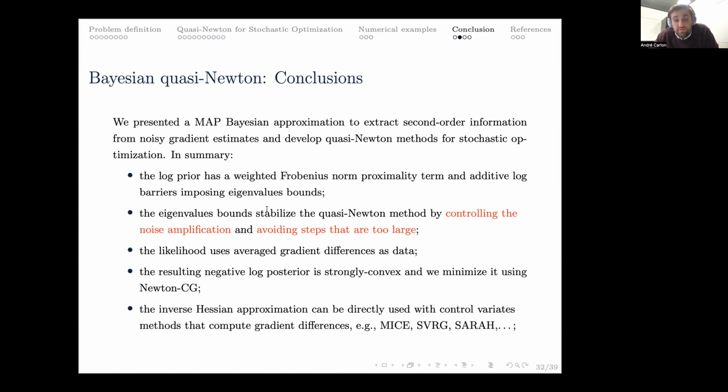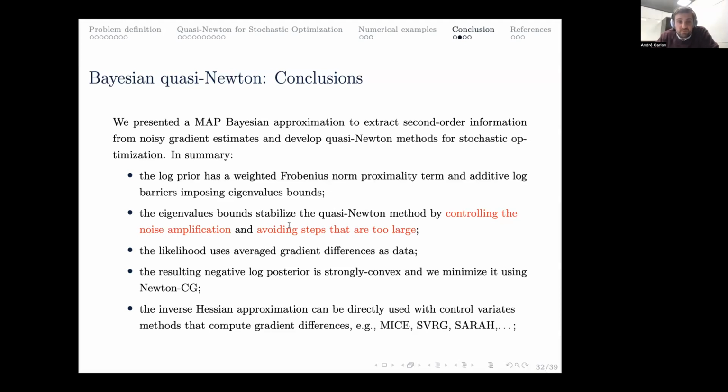These bounds are very important because they stabilize the quasi-Newton method, both by controlling the noise amplification and by avoiding large steps in the direction of the eigenvector respective to the smallest eigenvalue of the Hessian, which is even a known problem in deterministic Newton methods, right?